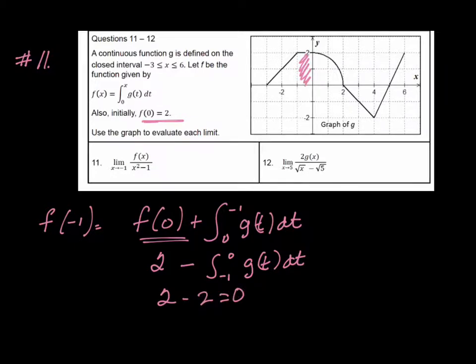So indeed, you do have a case where you have 0 over 0, because 1 squared minus 1 is 0. So you can apply L'Hopital to this one. Applying L'Hopital, you would get the limit as x goes to negative 1 of f prime of x over 2x. Now, what is f prime of x?